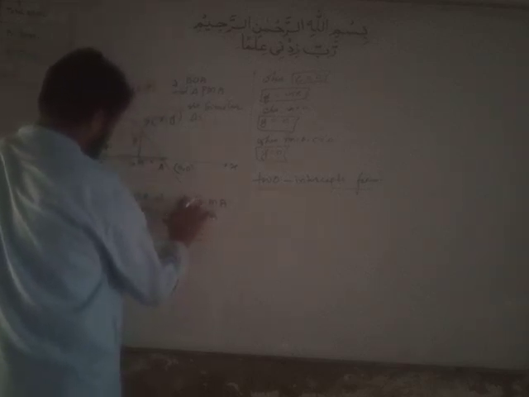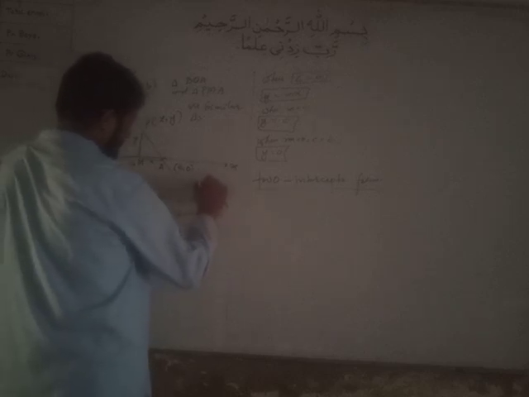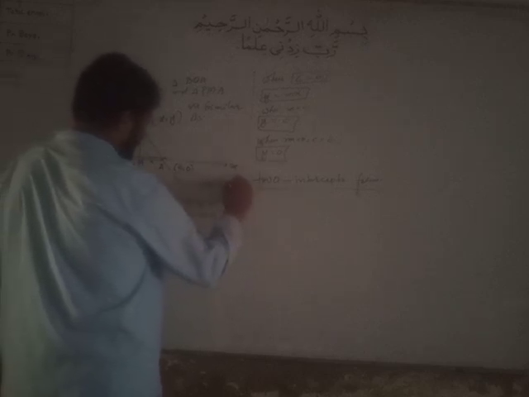What does MA mean? We can find MA from here. MA is equal to OA minus OM. Okay. So this will be a minus x upon a.